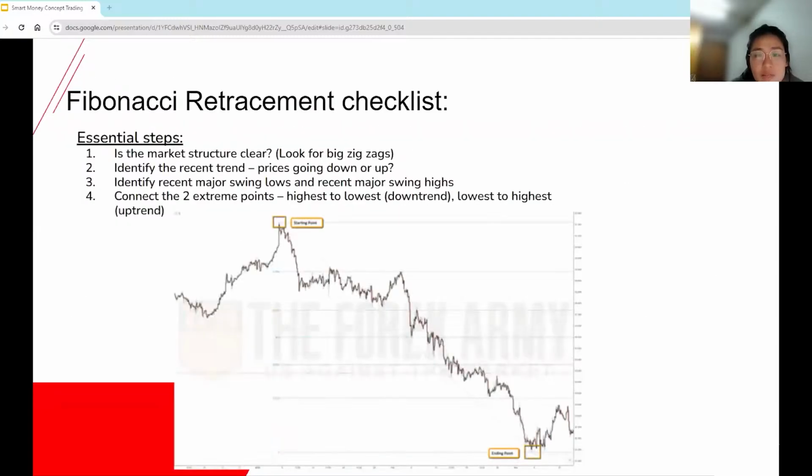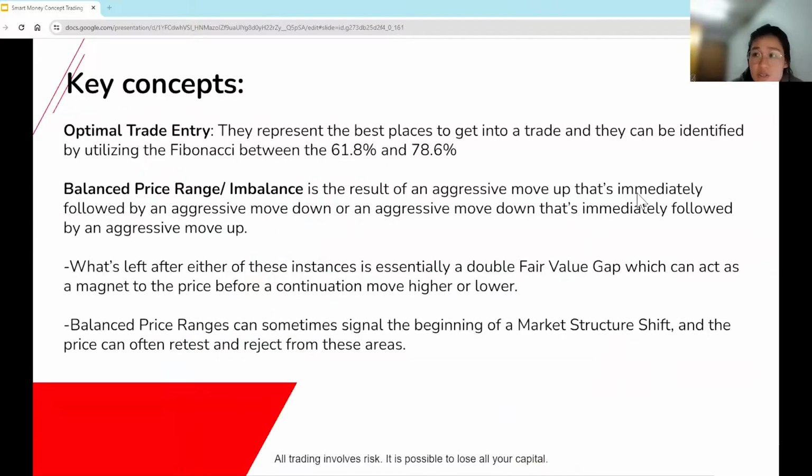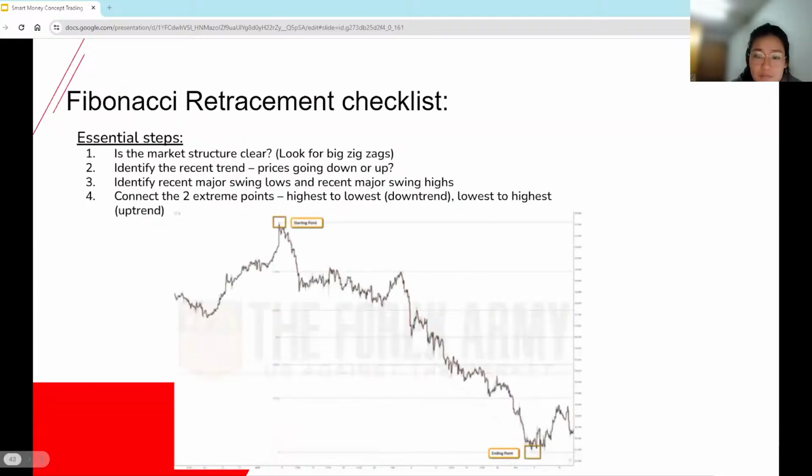Okay. Now let's briefly talk about Fibonacci and how to use it in order to enter at your 61 and your 78. So here's a very simple Fibonacci retracement checklist that you can use. Firstly, we want to check, is the market structure clear?